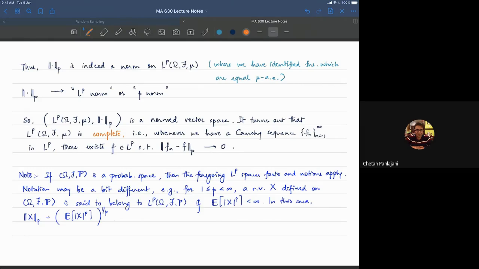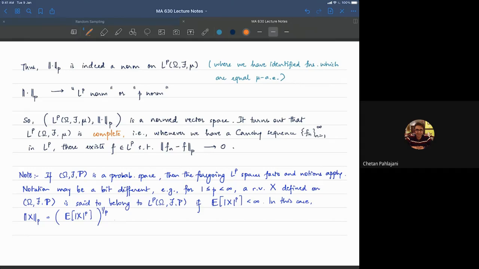Yes. So now I want to tie up a few loose ends, and this has to do with the completeness of LP. I basically want to do part of the proof that LP is complete. Here's the idea. We already know what it means for a normed vector space to be complete.